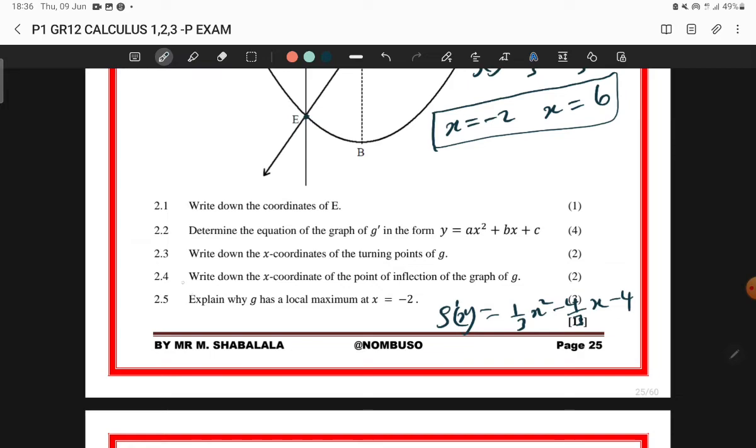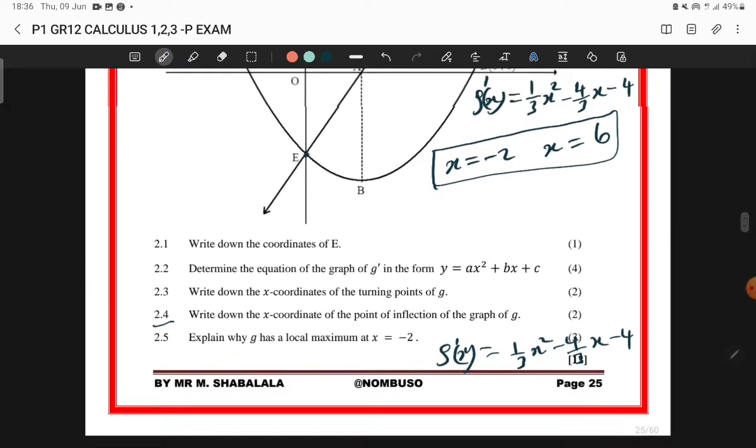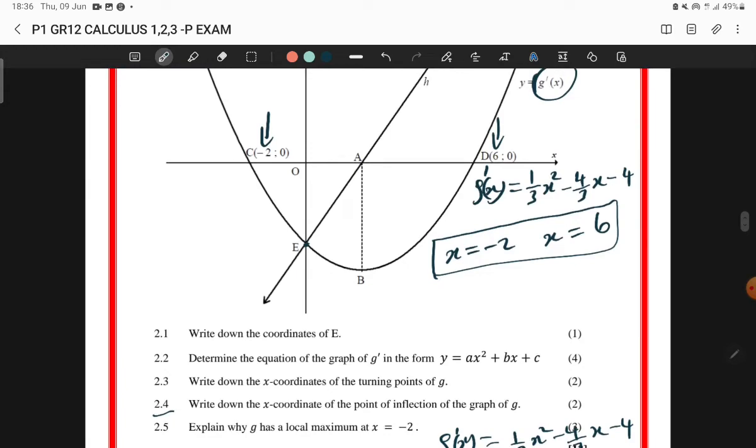Coming to number 2.4: write down the x coordinate of the point of inflection of the graph g. We just find the midpoint of the x coordinates of the turning points.